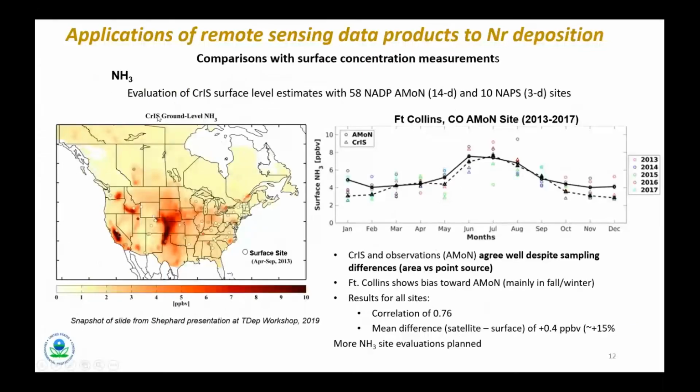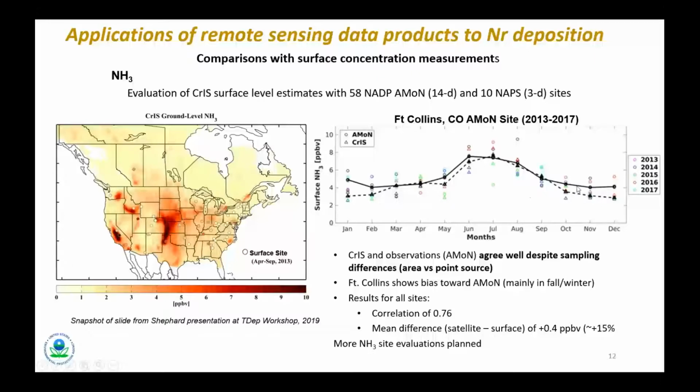Moving on to ammonia, this is a snapshot from Mark Shepard's slide at the TDep workshop. He showed this crisp ground-level coverage here in Canada and the continental US, with the AMoN sites for biweekly ammonia and the NAPS sites, I guess 3-day ammonia. This Fort Collins comparison snapshot shows a really good comparison.